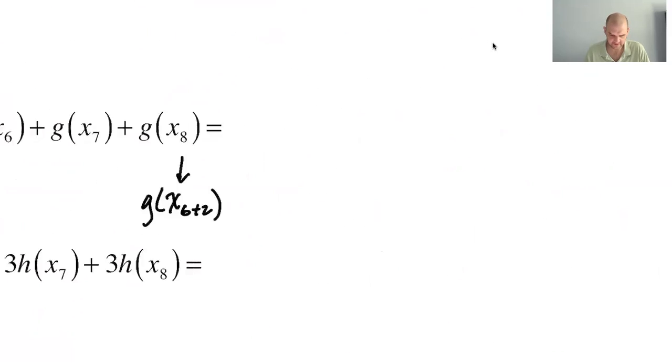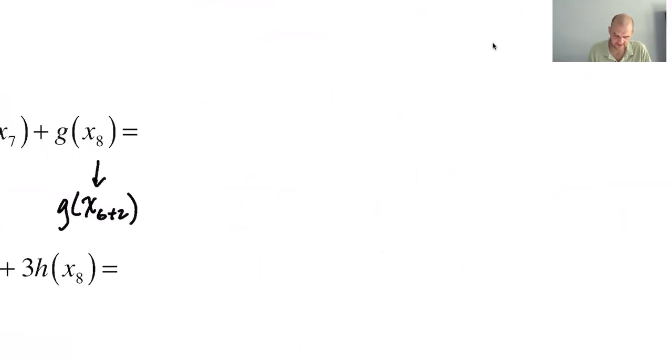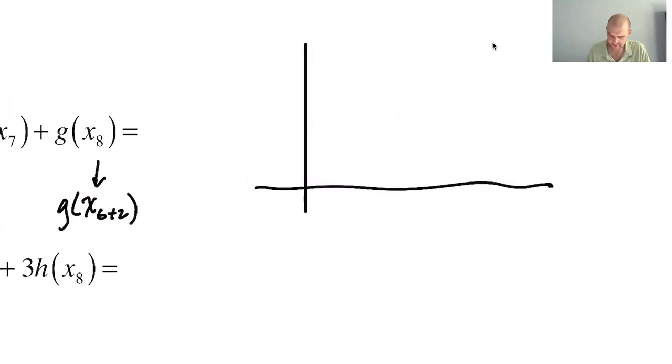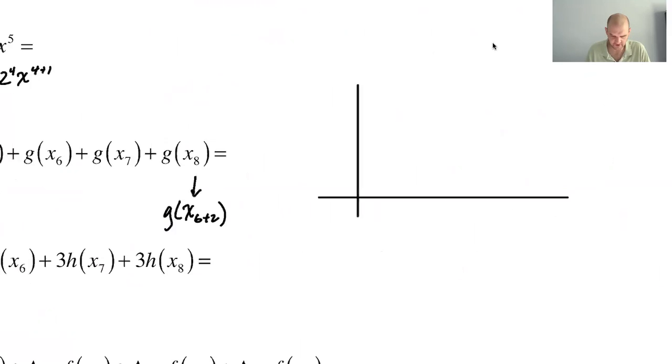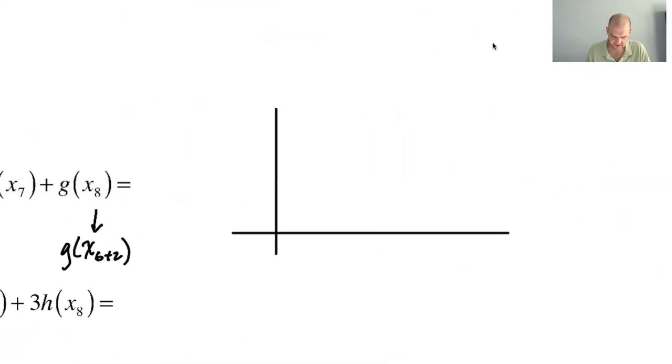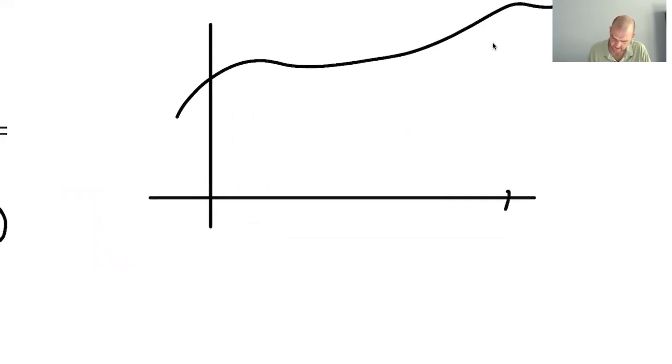So incidentally, this last one, if you wanted to, you could start representing in picture form. I mean, you could probably do this with all of them, if you're good enough. So let's say this is g of x, right? And I'm going to break this into 8.